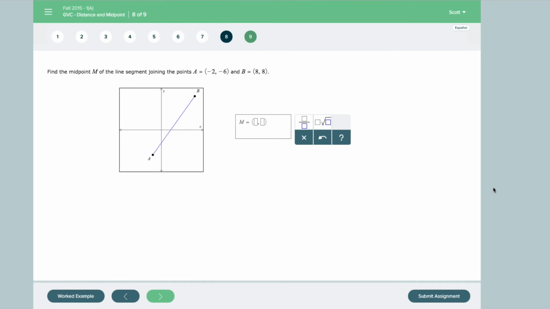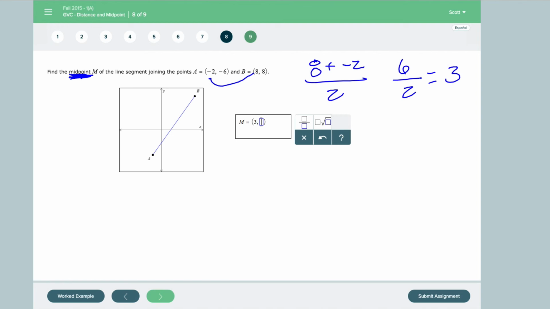Number 8, find the midpoint. Now the midpoint is different than the distance formula. You're just trying to find the middle. So with that, you add the two together. 8 plus negative 2 and divide by 2. So 8 plus negative 2 is 6. 6 divided by 2 is 3. So my new x number is 3.